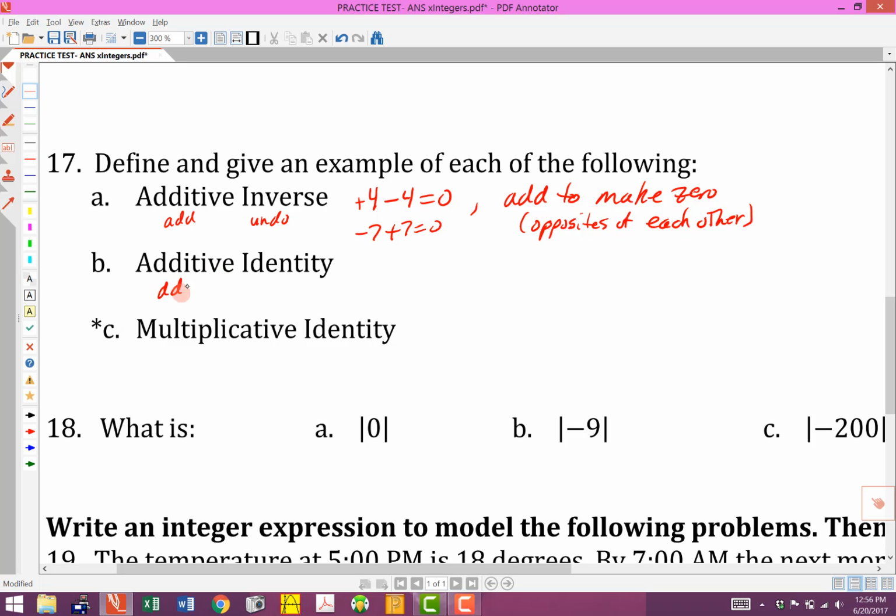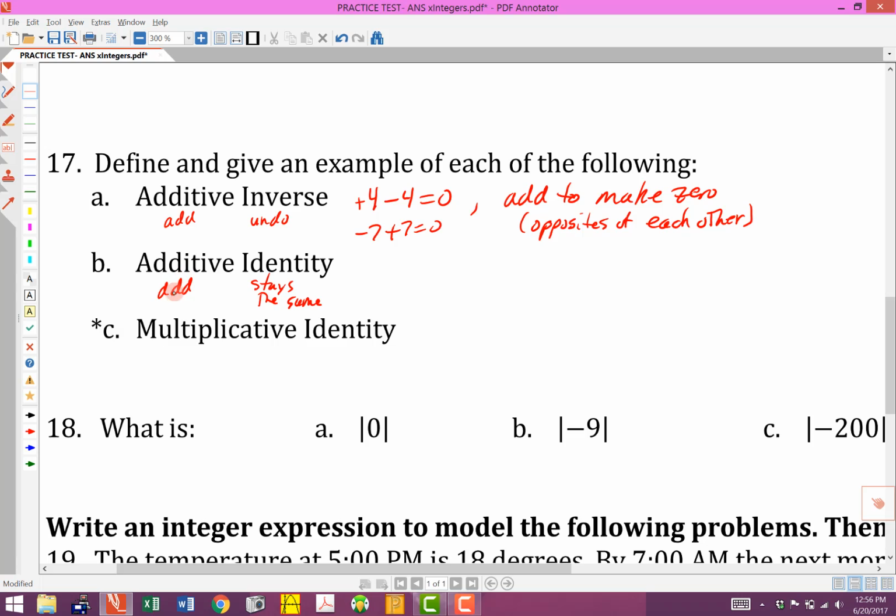Additive, so we're going to add an identity. Remember when we talked about this? This means the identity, the number gets to stay the number that it is. It maintains its identity, just like you have an identity. So we're going to say stays the same. So it is, let's see if we can come up with an example.